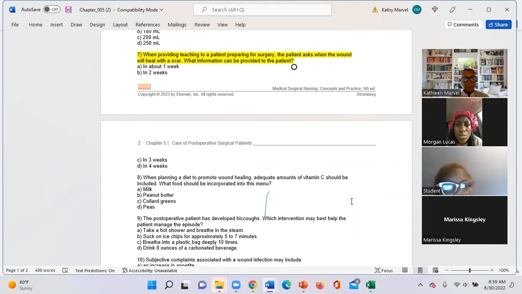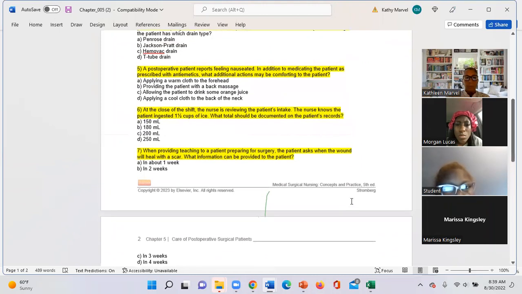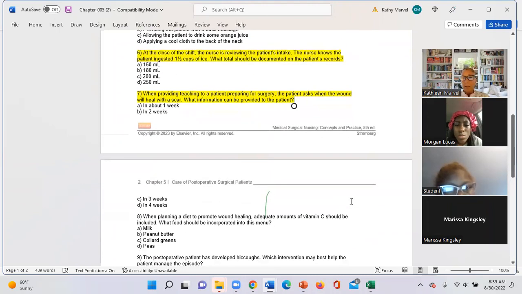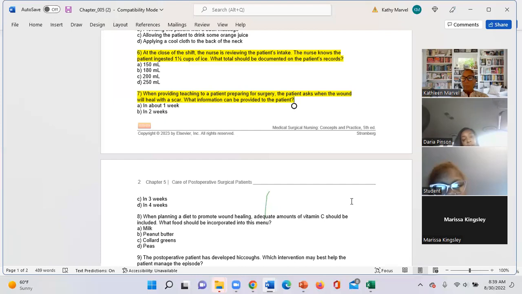Can you go back up to number 6 and explain how she did that math? Daria is going to explain it to you. Daria, go ahead. For ice chips, it's half a mL instead of a full mL.